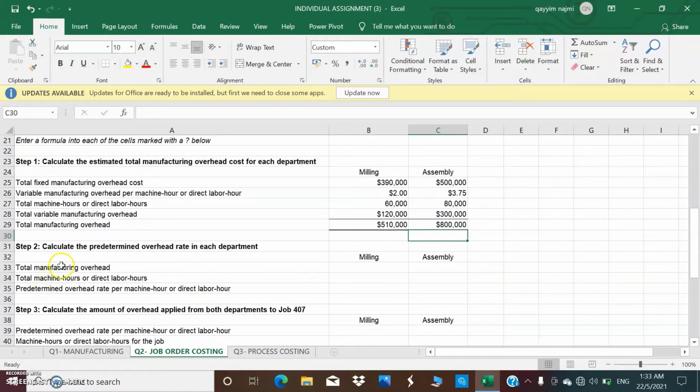Step 2: calculate the POR, the predetermined overhead rate, for each department, milling and assembly.